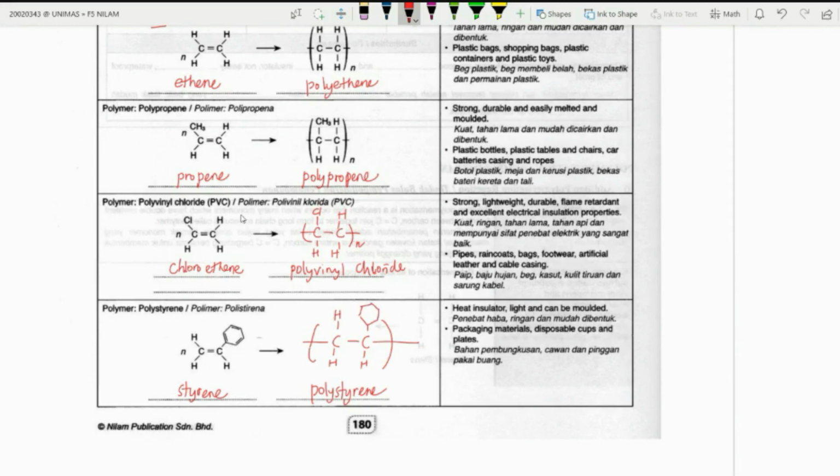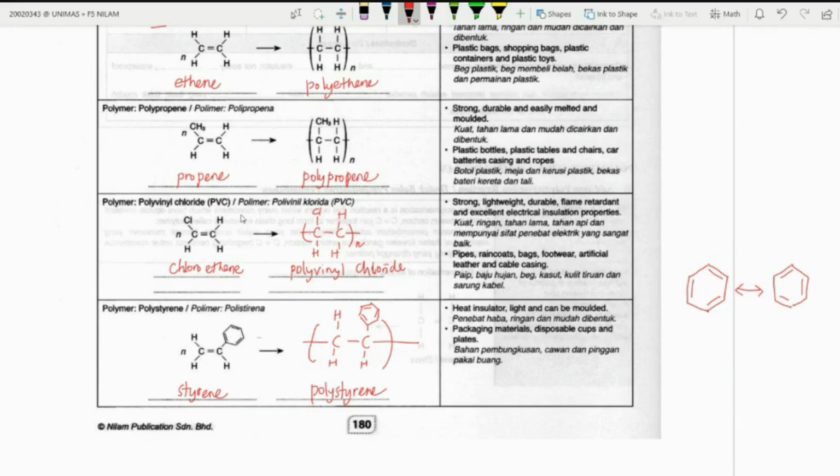It has 3 double bonds, 1, 2, 3. This one actually is a benzene. The 2 lines mean double bond, and the double bonds can actually be in this position or this position.